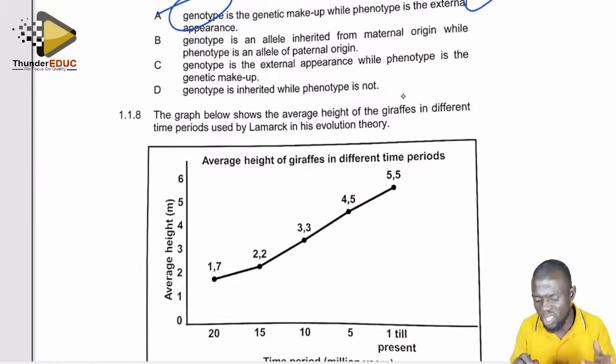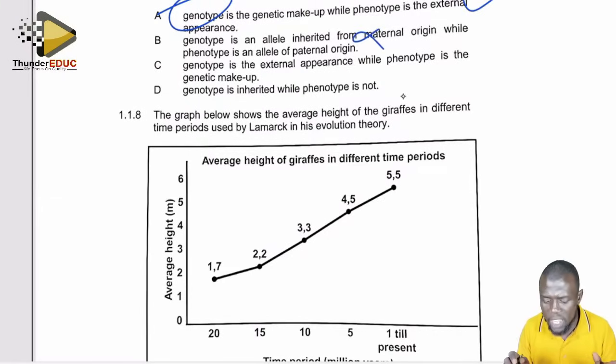This is saying that the genotype is an allele inherited from maternal origin, while the phenotype is an allele from paternal origin. They're saying that the phenotype is external appearance. Phenotype, genotype, so it's not about the external appearance. Genotype is the inheritance, while phenotype is not.